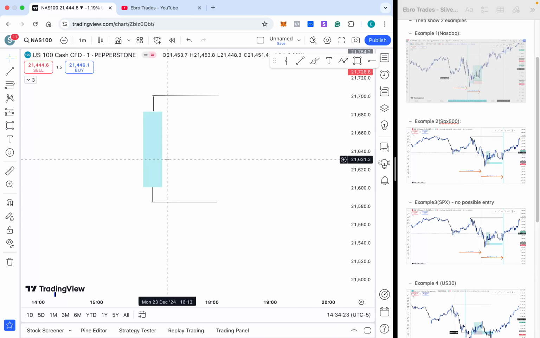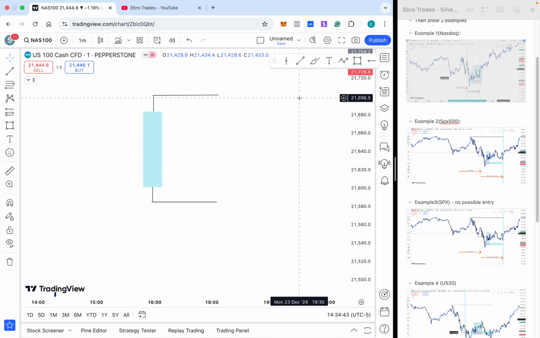However, I have backtested it on GBP USD, and it also works pretty well on GU. I haven't tested it on other pairs. Feel free to take this exact strategy, backtest it on the pairs, and let me know if it works for you and the success rate or the win rate in the comments. But I haven't backtested that. I haven't used it. So I cannot confirm nor deny whether this works on other pairs.